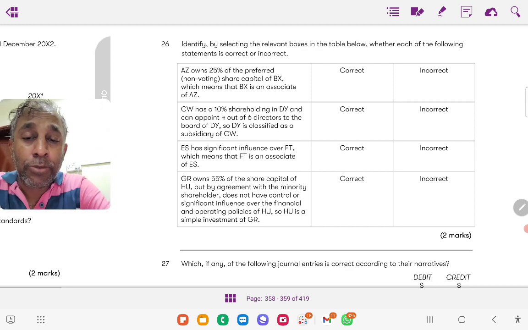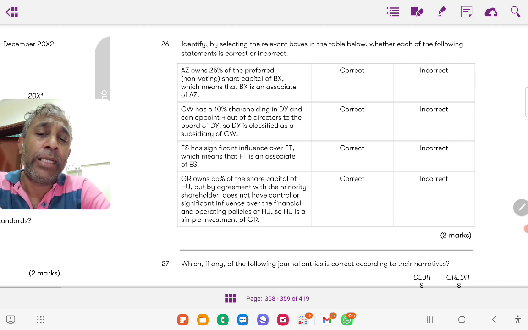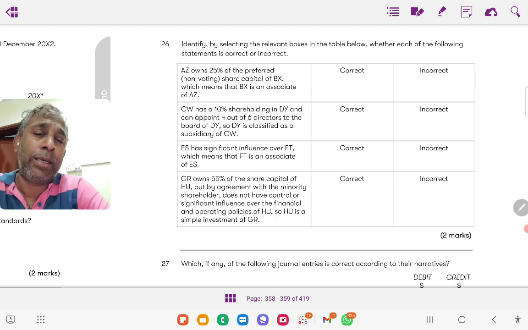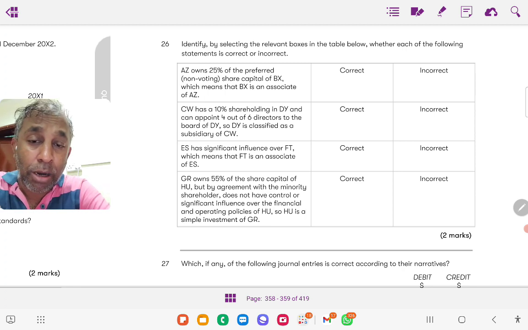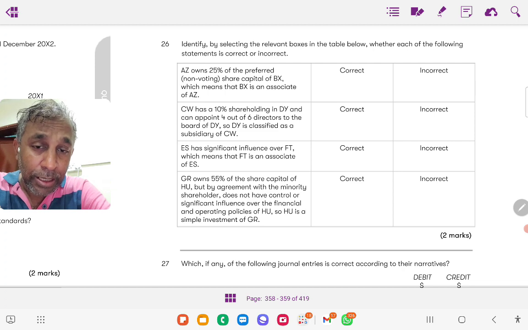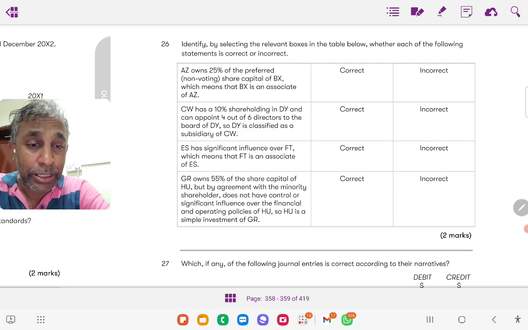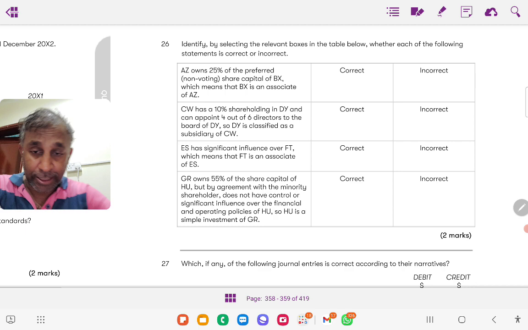That means investor CW has control over the financial and operating policy decision making process of the investee company. Accordingly, CW becomes a parent and DY becomes a subsidiary regardless of the percentage of shareholding. So the answer, classified as subsidiary, is obviously correct.